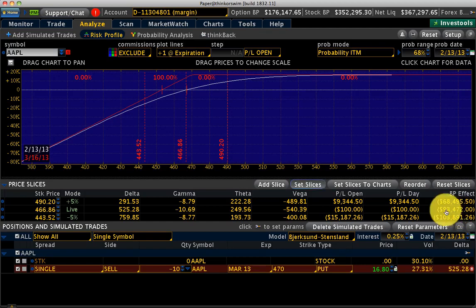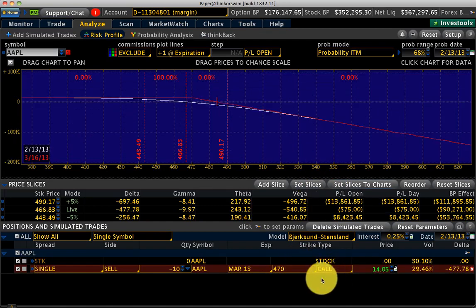Why does he do that? That's because this particular position has a pretty big unlimited loss profile all the way down to zero. Similarly, you'll see that on the call side as well.